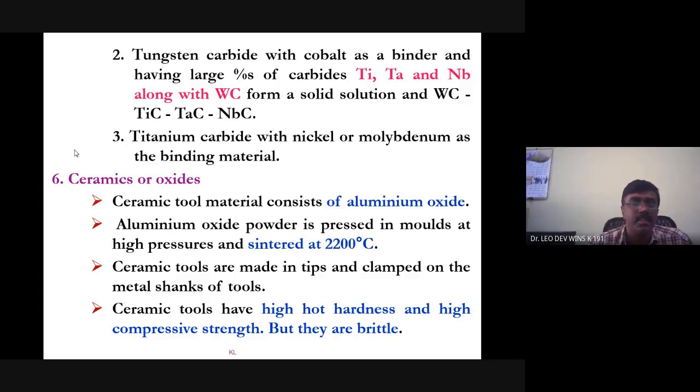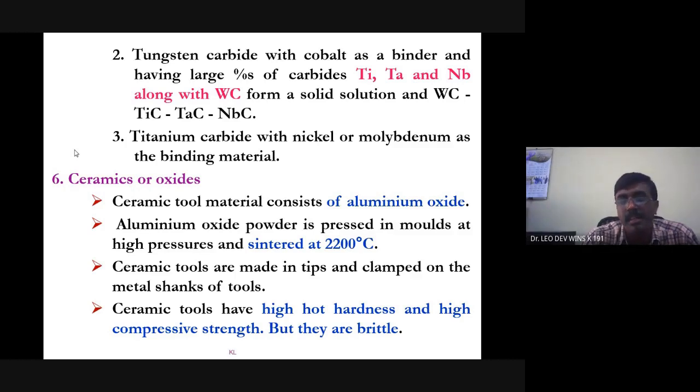The next one is ceramics. The word ceramics here is nothing but aluminum oxide, that is Al2O3. Aluminum oxide, or ceramic oxide, is used as a cutting tool material which can withstand even above 1000 degrees centigrade, as this material is sintered at 2200 degrees centigrade.